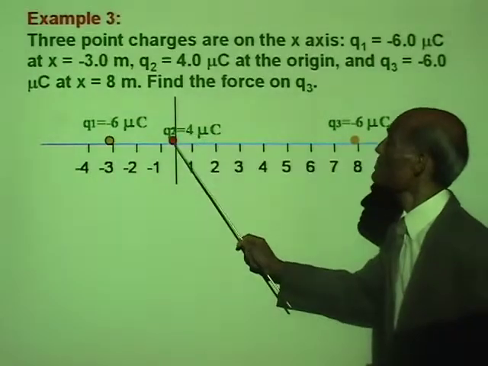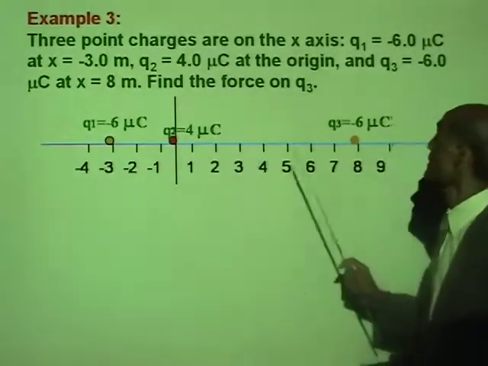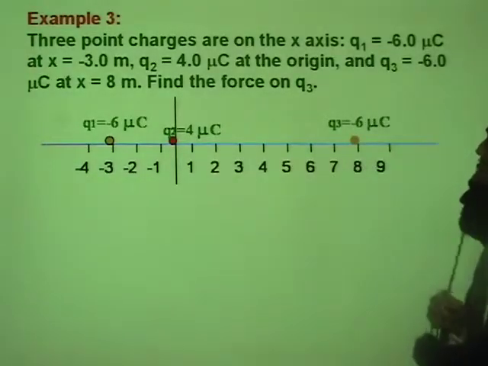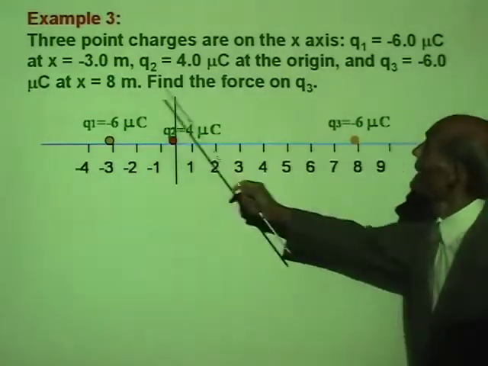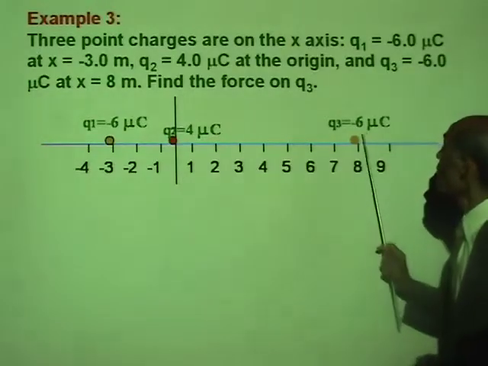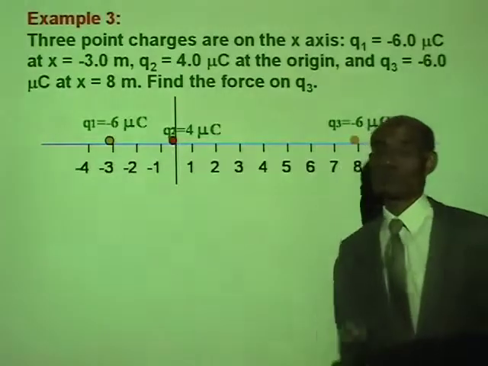You have a charge Q2 equal to 4 microcoulomb at the origin. You have a charge Q3 equal to negative 6 microcoulomb at x equal to 8 meter. We need to find the force on this Q3 due to both these charges.